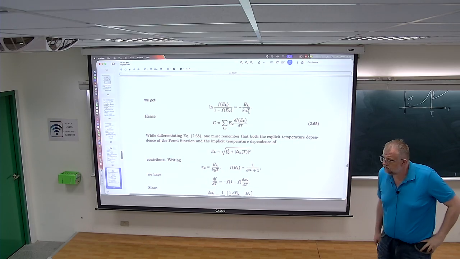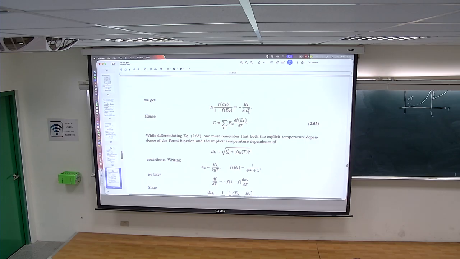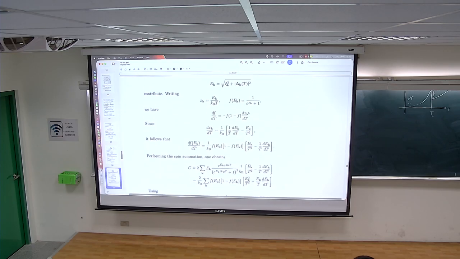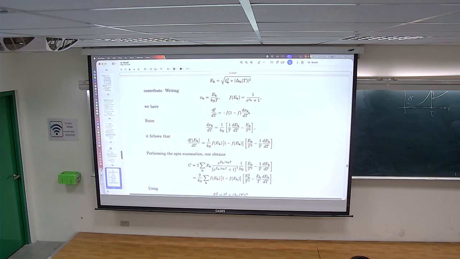So basically the rest is just, let's call it, the mathematics. I define this, add the k_B T, and then this Fermi-Dirac distribution looks like that.